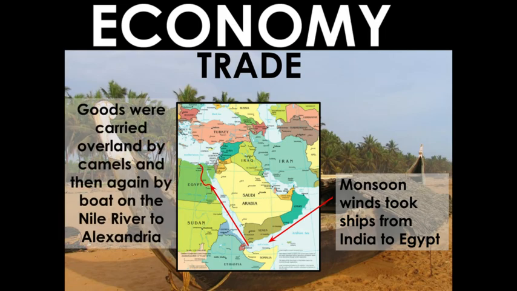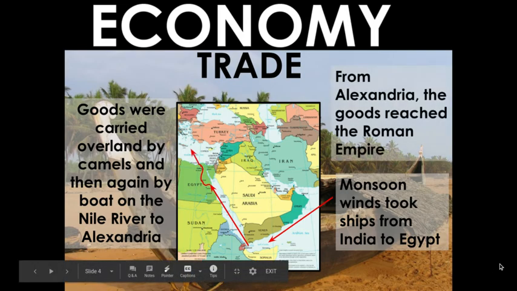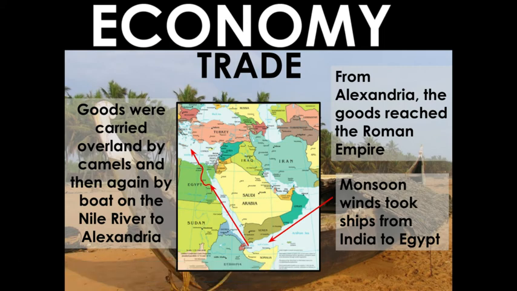Goods were carried overland by camels and then again by boat on the Nile River to Alexandria. So you notice how they joined the Nile after the cataracts. From Alexandria, the goods reached the Roman Empire as they exited the delta into the Mediterranean Sea.